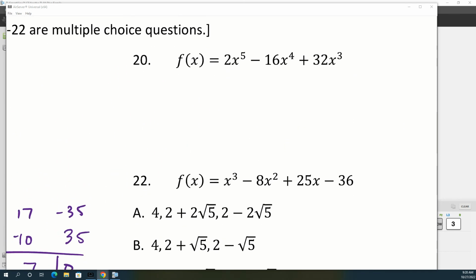Okay, so we want to factor that. Well, we set it equal to 0 and factor it. The first thing I notice about it is they all have x cubed at least, and they're all even. So I'm going to factor out a common factor of 2x cubed.